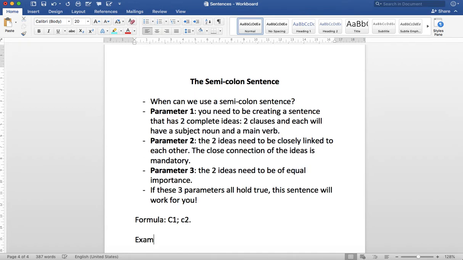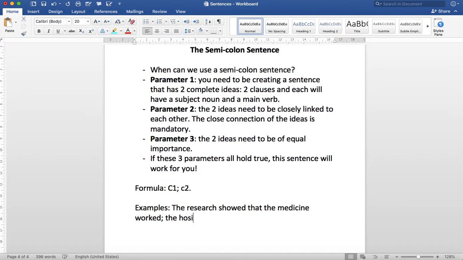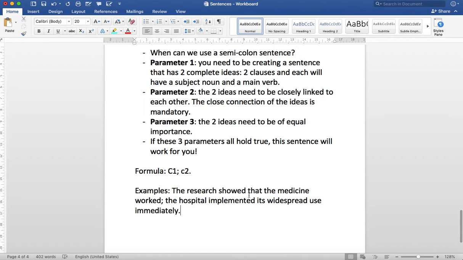Let's write some examples. So here we go. Let's take a look. The research showed that the medicine worked.